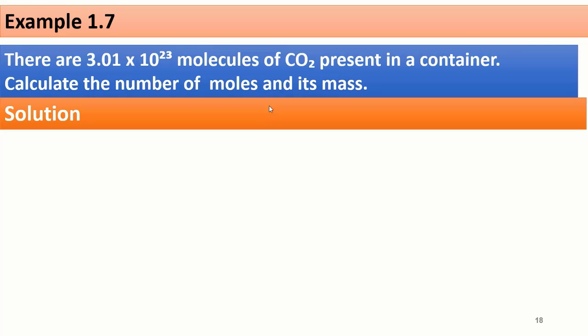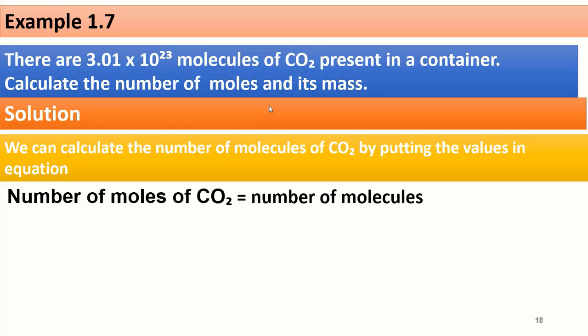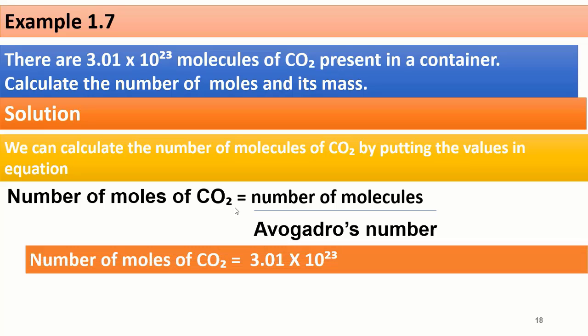Let's solve the example. We can calculate the number of moles of carbon dioxide by putting the values in the equation. Number of moles of carbon dioxide is equal to number of molecules divided by Avogadro's number. The number of molecules are given, which are 3.01 into 10 raised to power 23.